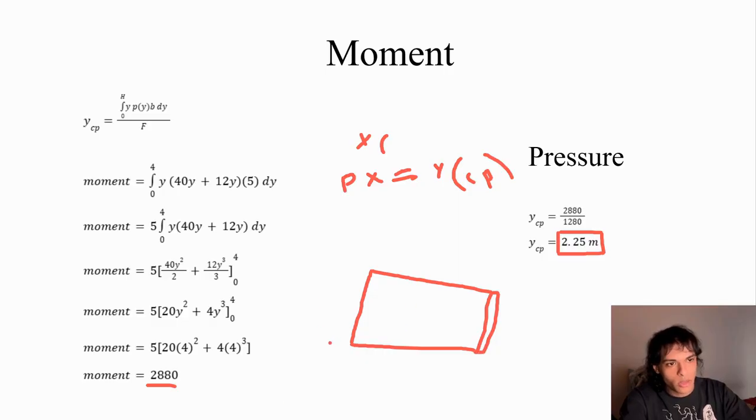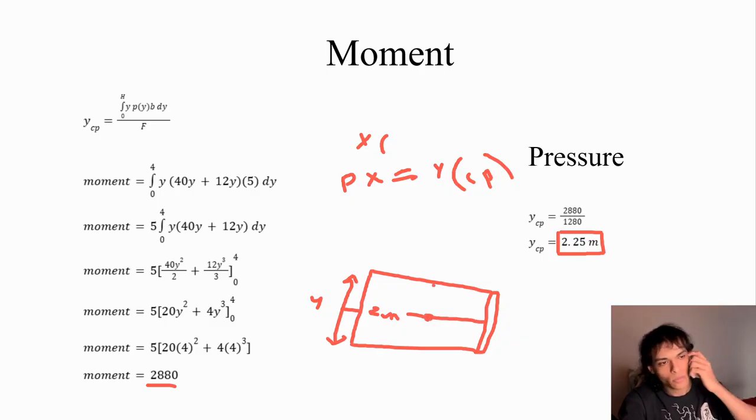So the center point, we have the height of this, which is 4 meters. Okay. So the center point is at the center here, which is at the 2 meter mark. At the 2 meter mark, this is going to be the center pressure. But if the pressure at the center is going to be divided equally at both sides here, what we found here is that the center of pressure is not actually in the middle. So the center of pressure is going to be here, okay, somewhere at 2.25.